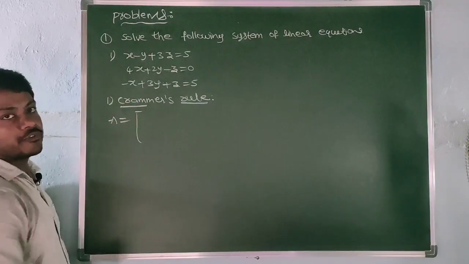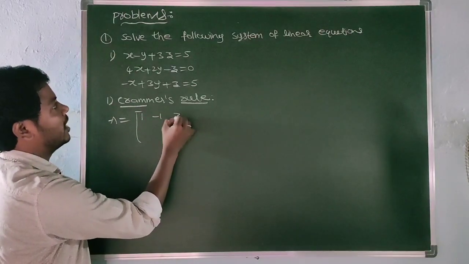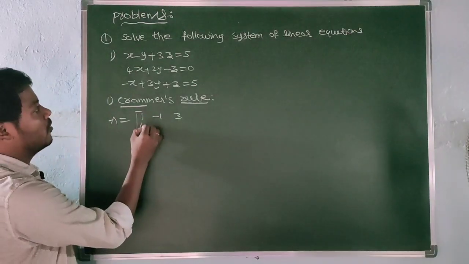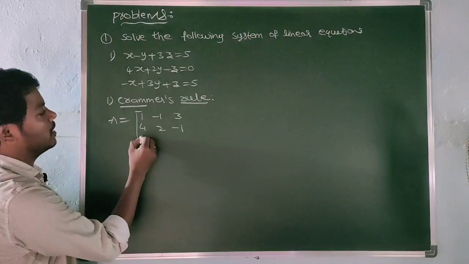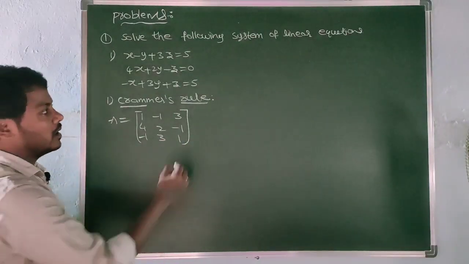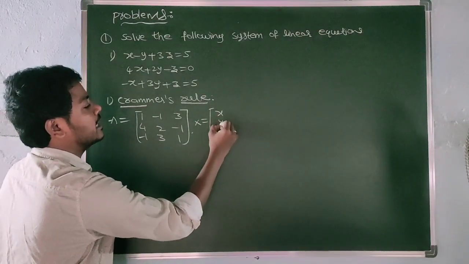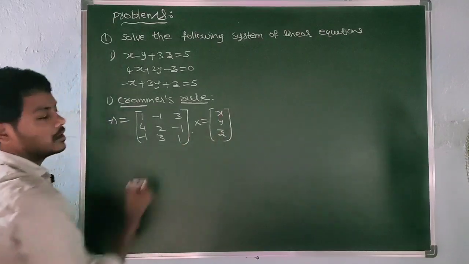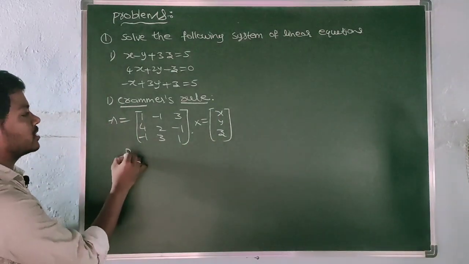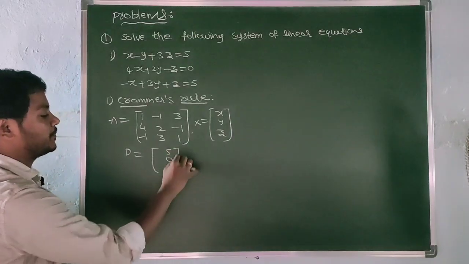A is coefficient matrix, that are coefficients of x, y, z. 1 minus 1 3, 4 2 minus 1, minus 1 3 1, and x is equals to variable matrix, that is x y z, and D is equals to constant matrix, that is 5 0 5.